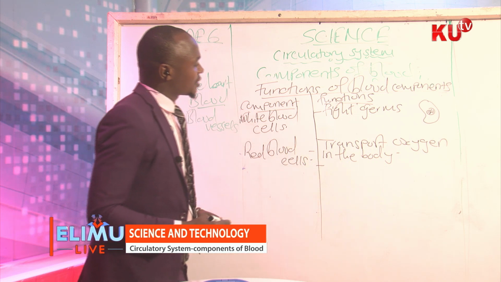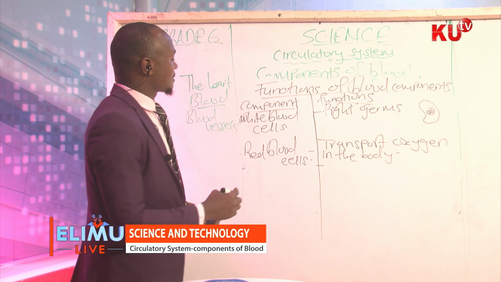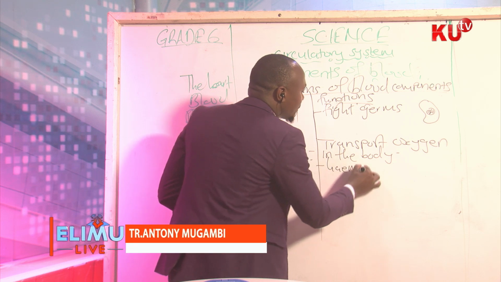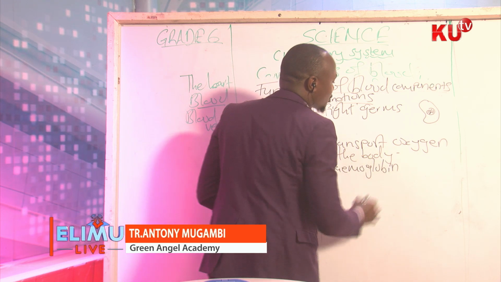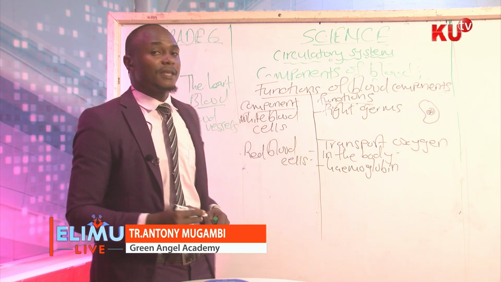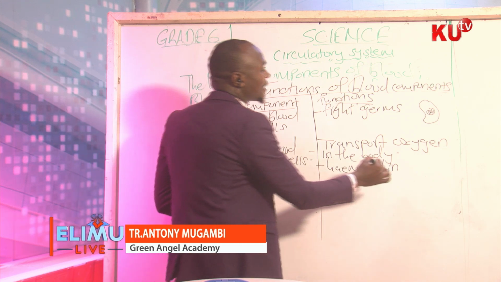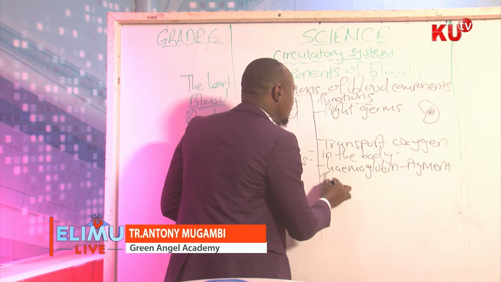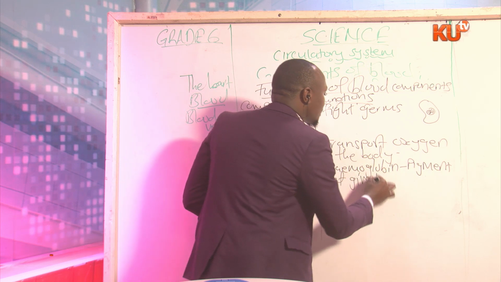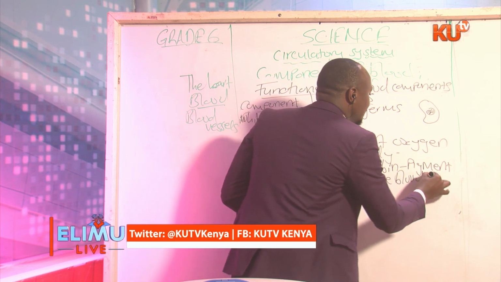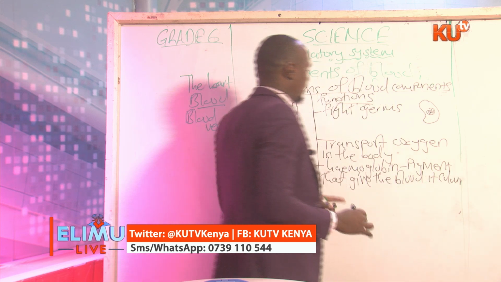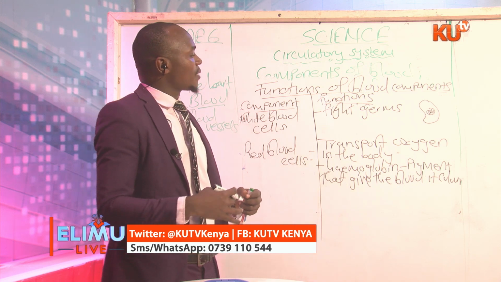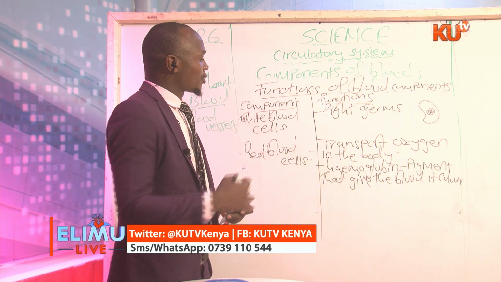How does it transport oxygen? The red blood cells contain hemoglobin. This hemoglobin is the pigment that gives the blood its color. So the red blood cells are the ones that contain the hemoglobin.